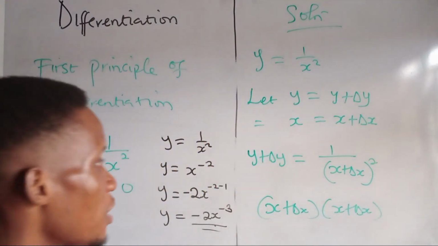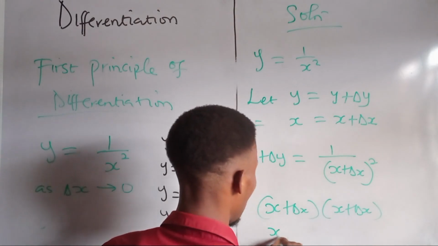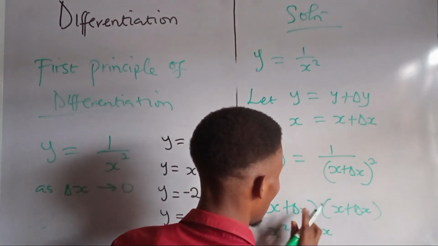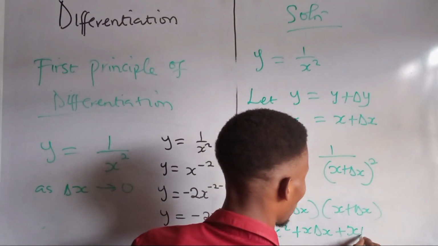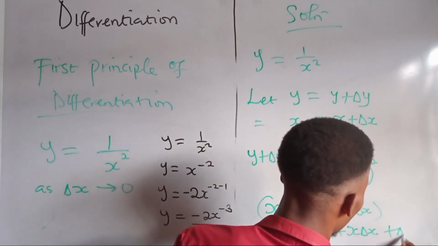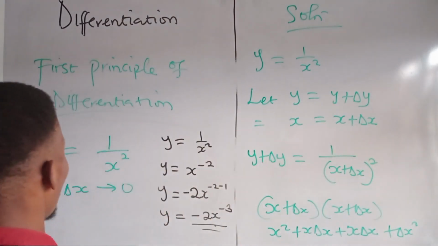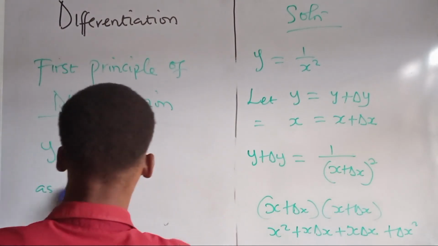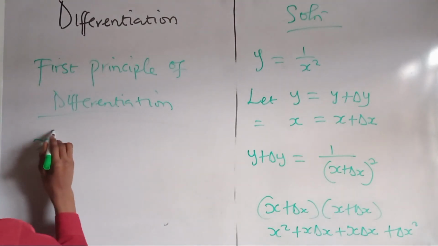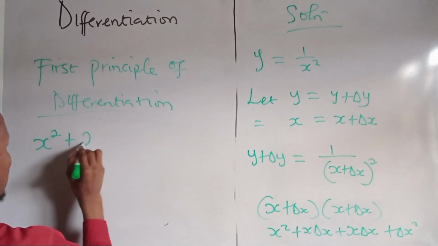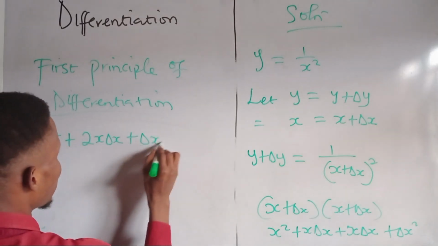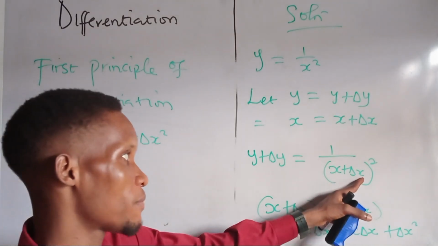So now you are going to have s multiplied by s is s squared. s multiplied by this is plus s change in s. Then s multiplied by this is plus s change in s. Then change in s multiplied by this is change in s squared. So we're going to have s squared plus 2s change in s plus change in s squared as the value we got from the expansion here.